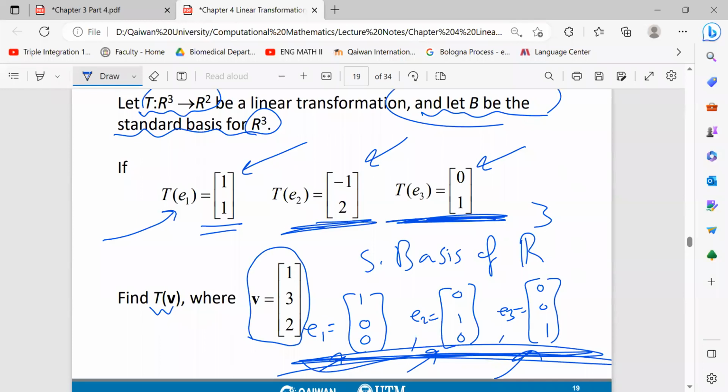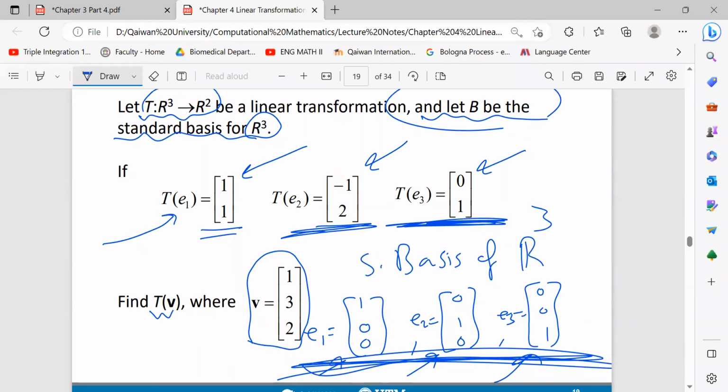Look, since B is the standard basis, any vector could be written as a linear combination of the bases. We studied this before. Any vector in the vector space should be written in this linear combination of the bases.